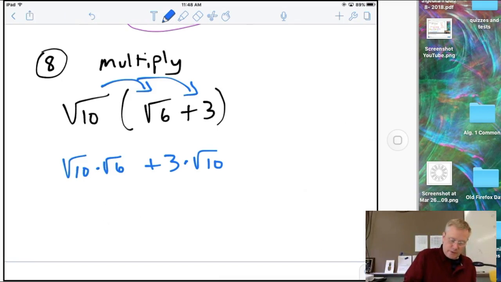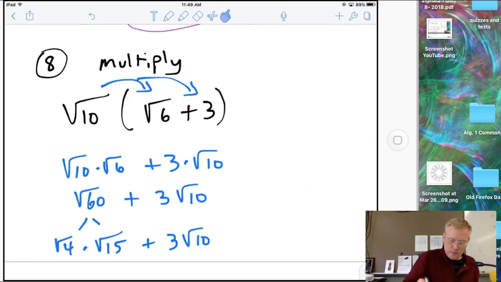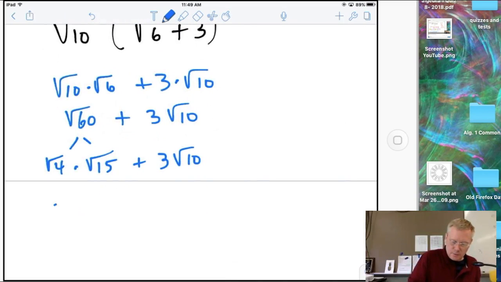All right, so 10 times 6, that's 60. And let's see, what else can I do here? 60, I can break that up into 4 goes into that, and 15, which means it gives me 2 square roots of 15 plus 3 square roots of 10.